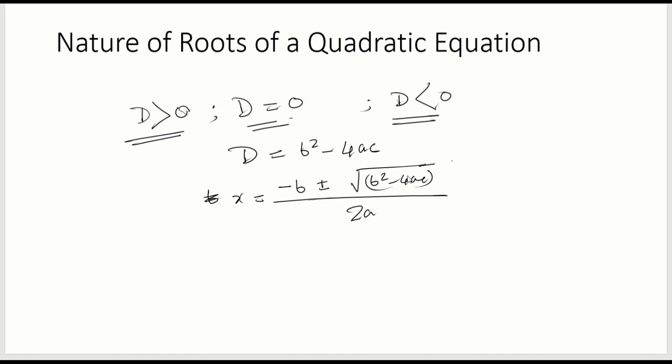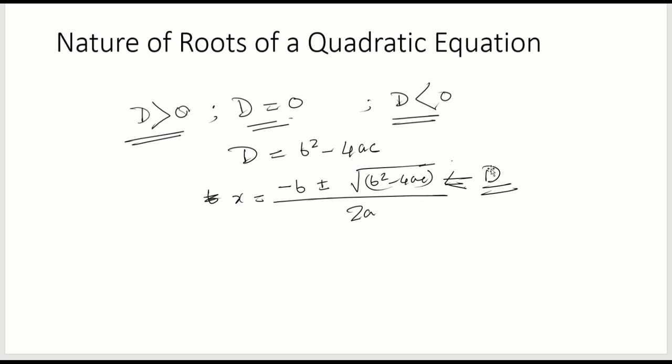So this b square minus 4ac is called the discriminant, and from this discriminant d we can find the nature of the roots. If d is greater than 0 we get real roots, if d equals 0 we get 2 equal roots, if d is less than 0 we get 2 not real roots, complex roots, but let's not go there. Let's understand we don't get any real roots when d is less than 0.